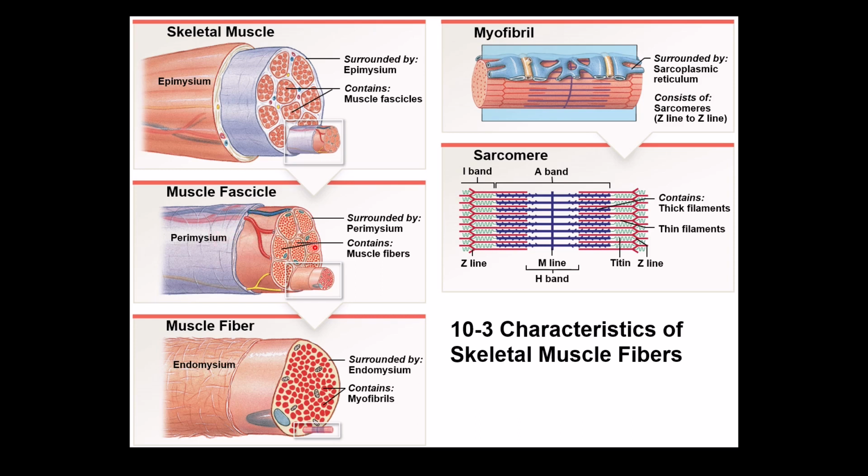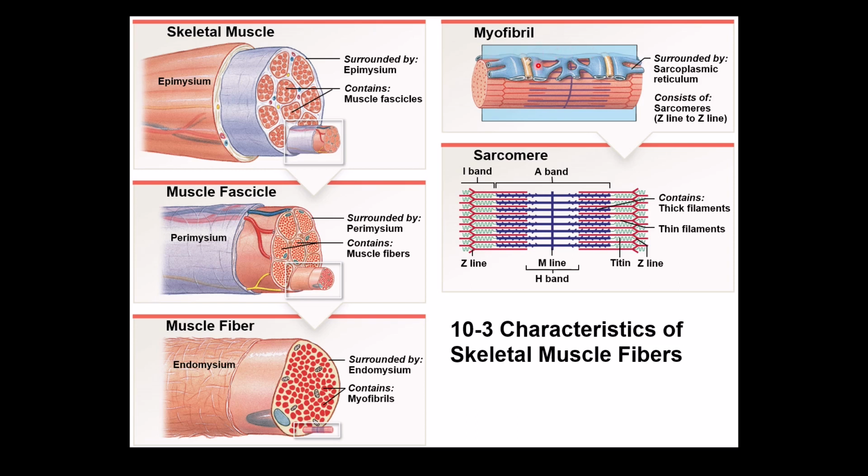Then the muscle fascicle is made of these muscle fibers, and each muscle fiber, which is here, is now wrapped by a different type of connective tissue. This elastic connective tissue contains capillaries and myosatellite cells. Inside the muscle fiber, which is the same as the muscle cell, you have myofibrils. So these are the myofibrils, and this is a larger view of a myofibril, and the myofibril is wrapped by sarcoplasmic reticulum.